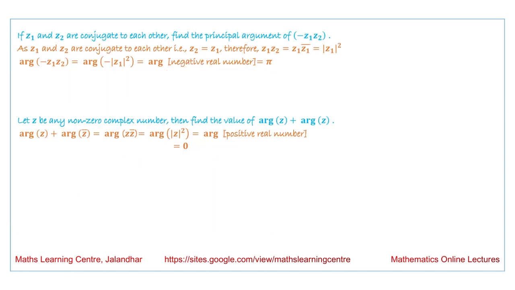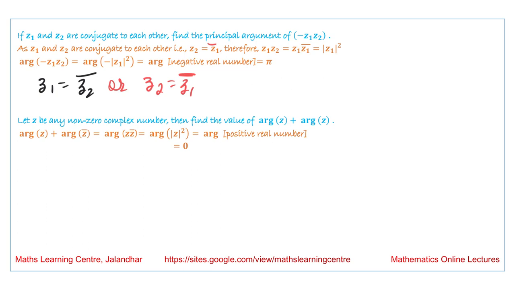Next we have: if z1 and z2 are conjugate to each other, then we have to find the principal argument of minus z1 z2. Now it is being given that z1 and z2 are conjugate to each other. It means z1 is equal to z2 bar, or we are saying z2 is equal to z1 bar, because they are conjugates of each other.